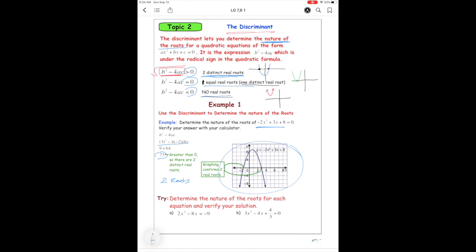Now, you can try these ones and just make sure you list your A, B, C's and plug in. So your A here is 2, your B is negative 8, and your C is 9. And when I type that into my B squared minus 4AC business, I got negative 8. So you should say no roots.